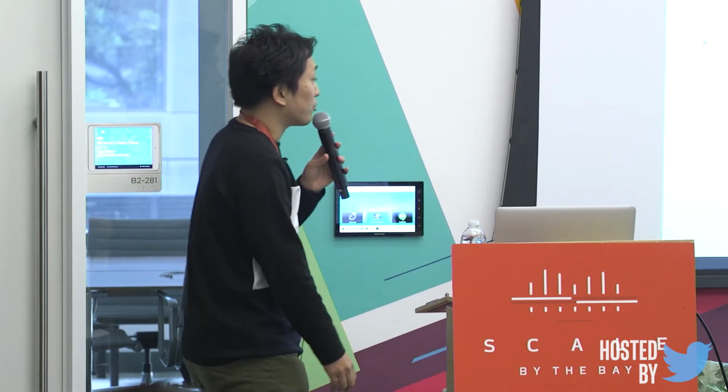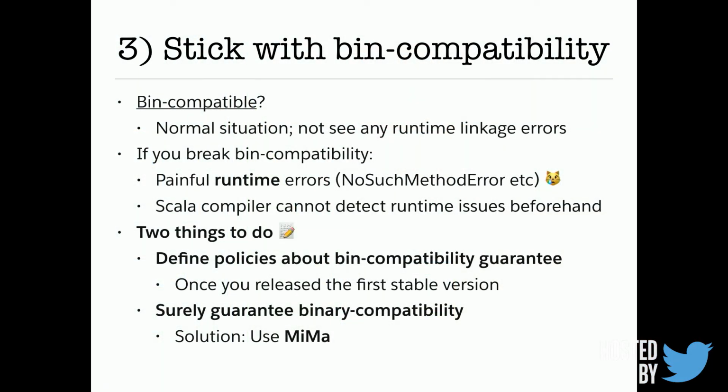I recommend you have a policy like guaranteeing the binary compatibility among patch versions. That will be very common and it's very reasonable. After defining the policy, to surely guarantee the binary compatibility, you should use an appropriate tool, that is MiMa.